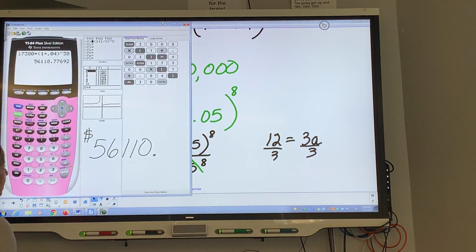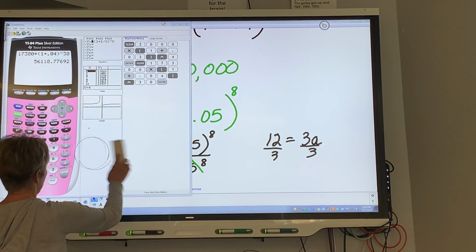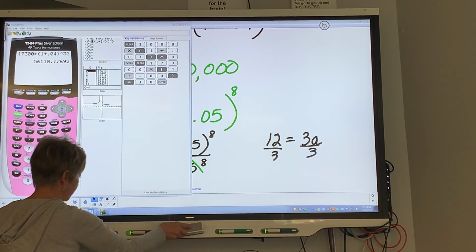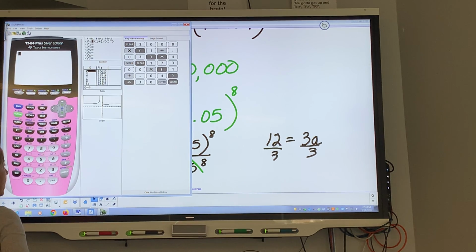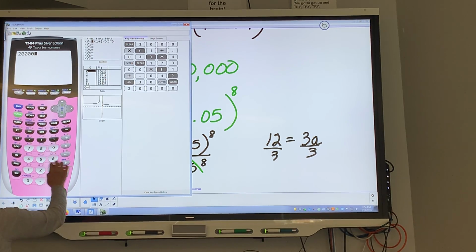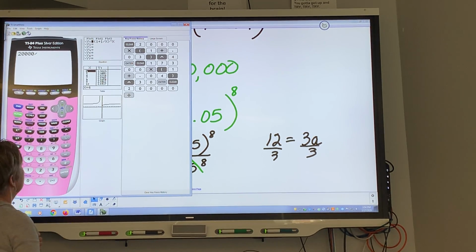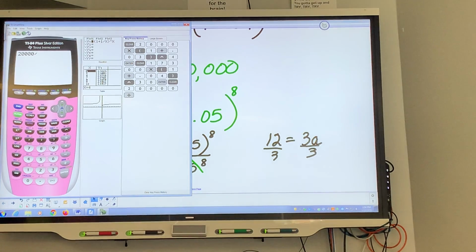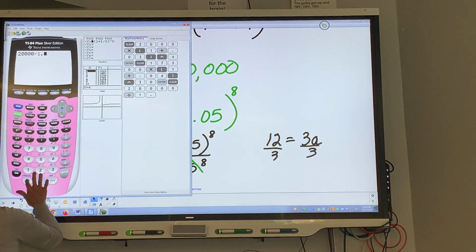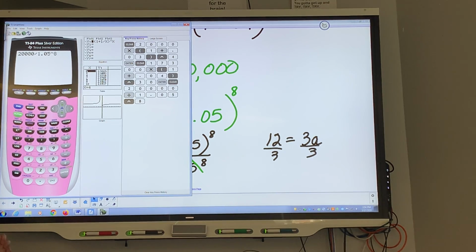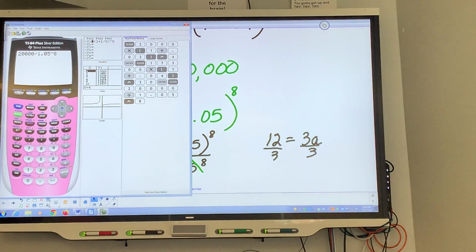So I'm going to go back to my calculator, get that horrific number off of there, clear that, and I need to take 20,000 and divide by, now, your calculator will know, 1.05 up arrow to the 8th power. Remember, your calculator is scientific, so it's going to use the correct order of operations.